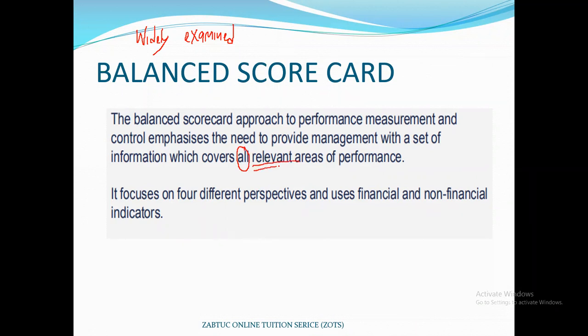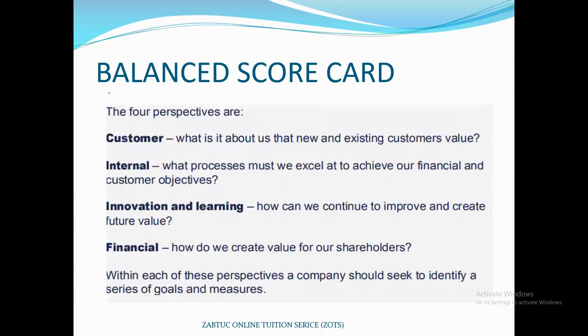And if we have a business that monitors all these areas and they do so well with effective KPIs, we expect that such an organization should really become world-class with time. It focuses on 4 different perspectives and uses financial and non-financial indicators.